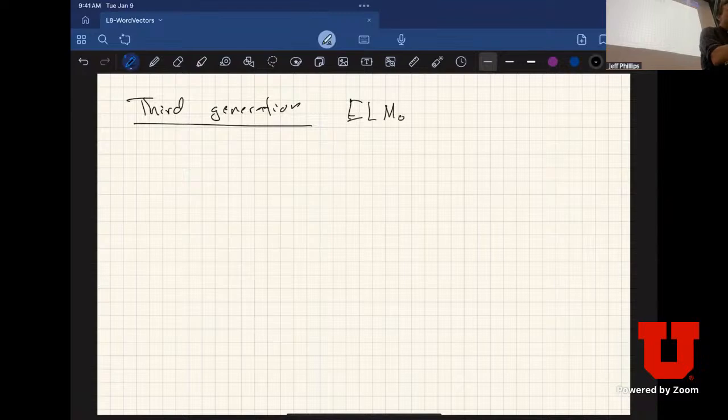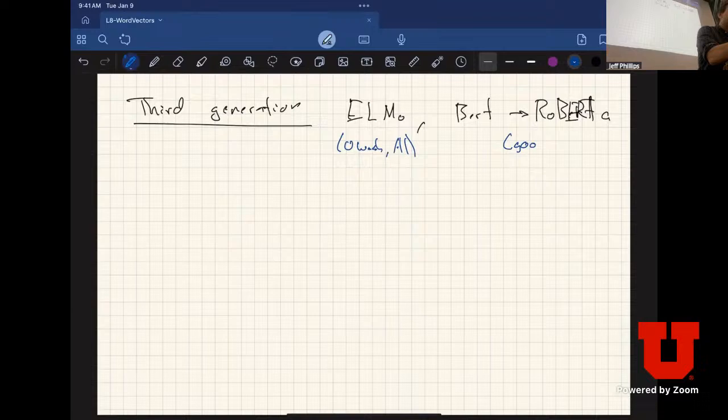So ELMo and BERT, which turned into RoBERTa. Is this capitalized? Okay, so ELMo was out of the University of Washington and OpenAI, and BERT was out of Google. This came out in like 2019, is that right?